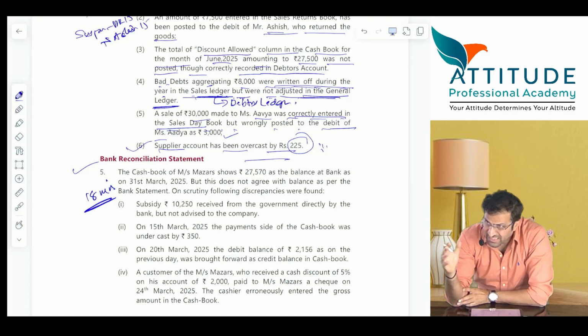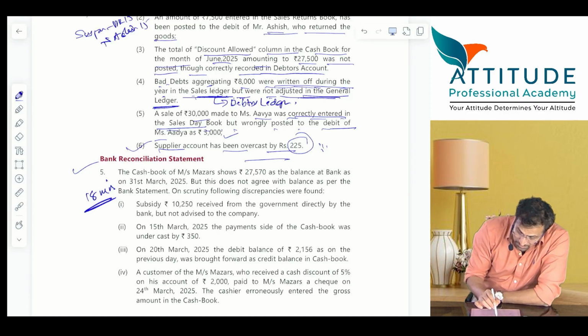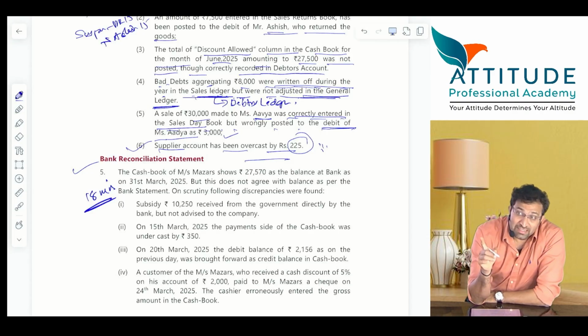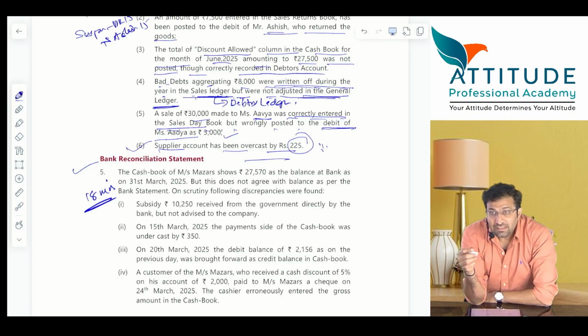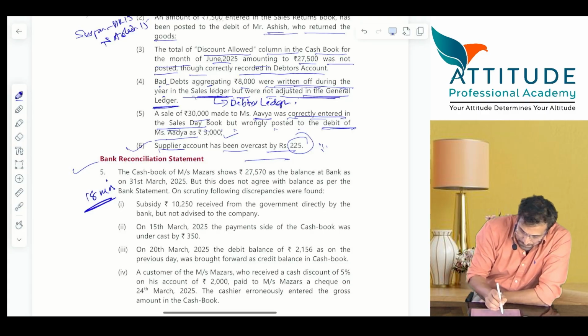So sales account is credited correctly, but कितना गया है आध्या को? Debit to Adhya. Sales किसको किया है? Avya को. Debit unnecessarily किसको हुआ है? Adhya को. So Adhya should get credited by how much? 3,000. Avya should get debited by 30,000 because actual sales are how much? 30,000.